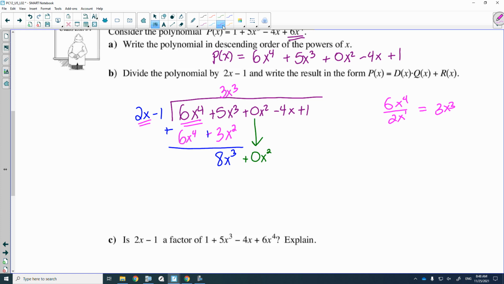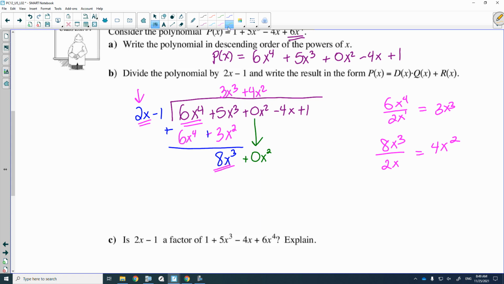Okay, we need to figure out the second term of the quotient. So again, it's going to be that 8x cubed always divided by the first term of your divisor. That will give you 4x squared. Make sure that goes above your x squared term. Carry out your multiplication.